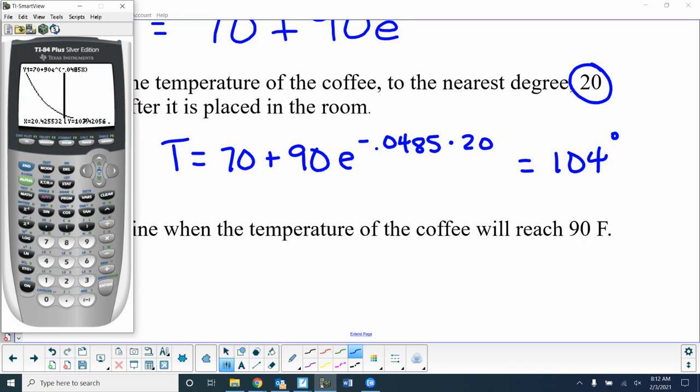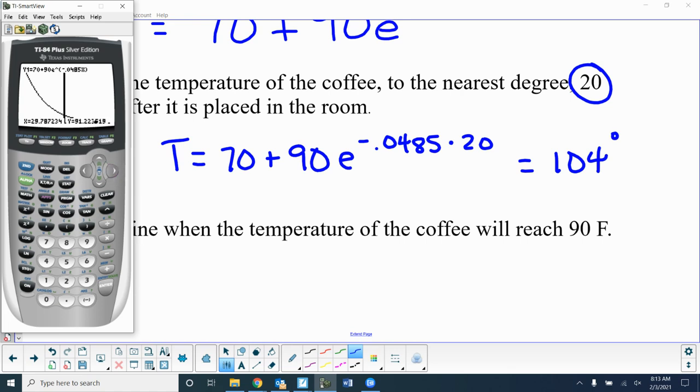Okay, or you could do this. You can go second trace value, that's the first one, and your X value, your T is 20 minutes. And there's your 104. It's kind of blinking there, but you can keep going and look for the 90 too. Go back to trace and look for the 90 here.